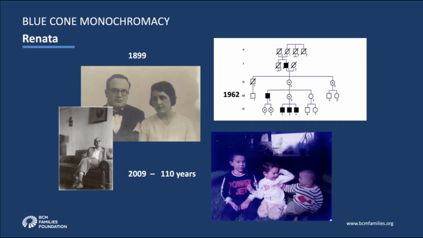Then other men appeared in the family with the same disease, and nobody knew the name of the disease until I tried to find a diagnosis for my son. And in 2009, at the end, I reached a clinical diagnosis and a genetic confirmation thanks to the Tübingen lab.